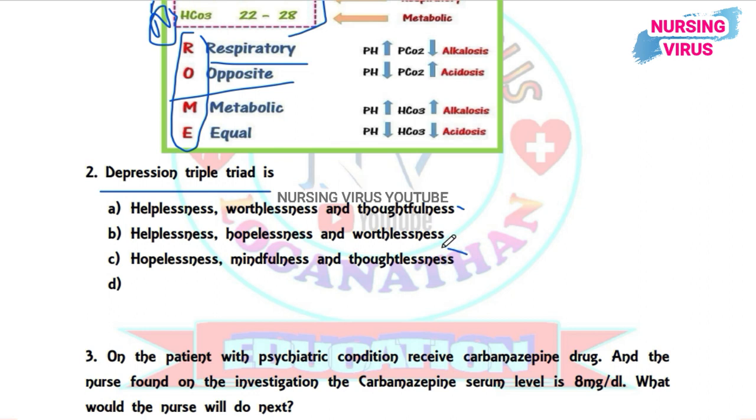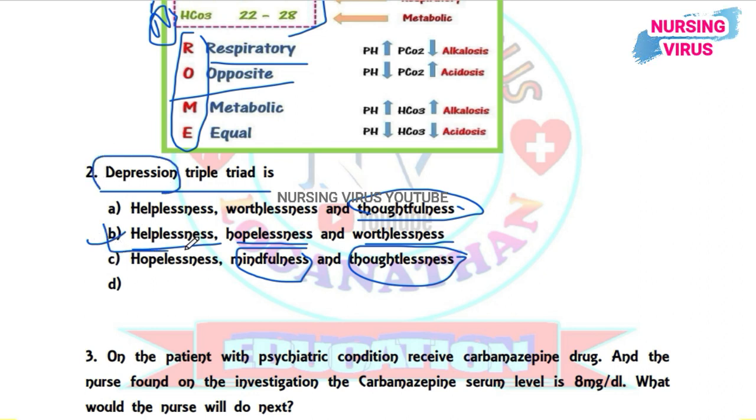Thoughtlessness will not come and thoughtfulness also will not come, and mindfulness also will not be considered. So option B, helplessness, hopelessness and worthlessness, is what the person always expresses when they have depression. So the correct option is B.